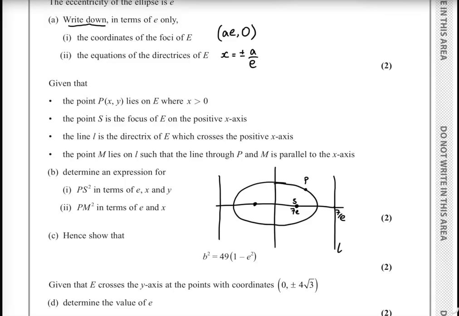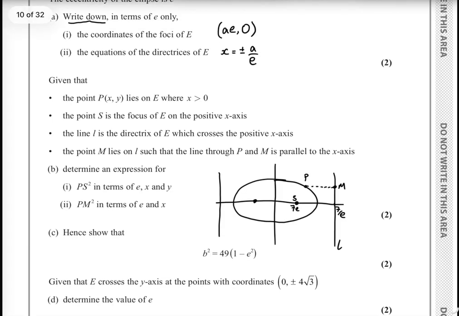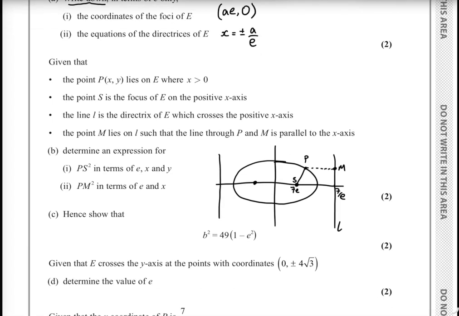And the point M lies on L, such that the line through PM is parallel to the x-axis. So there's M. PS is this line here then, and PM is the one drawn dashed. P, of course, has coordinates x, y, so this distance here is y.